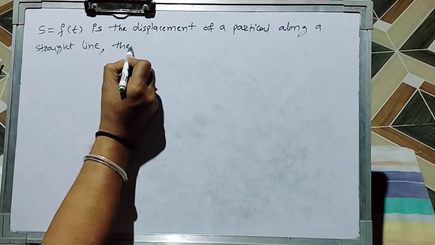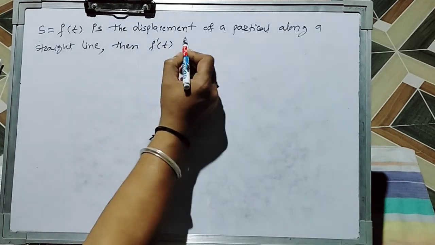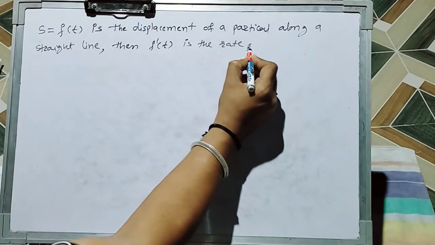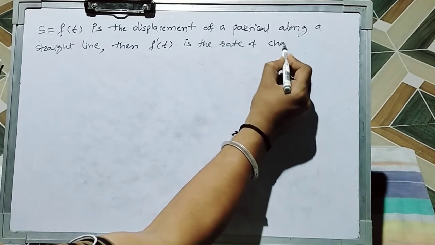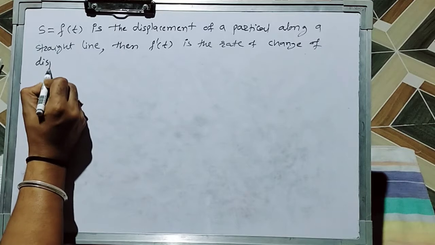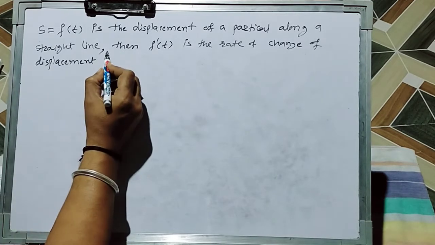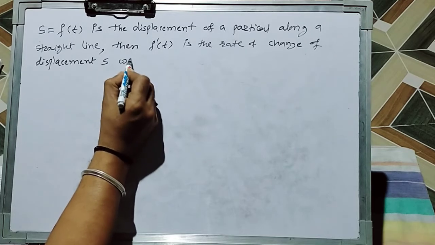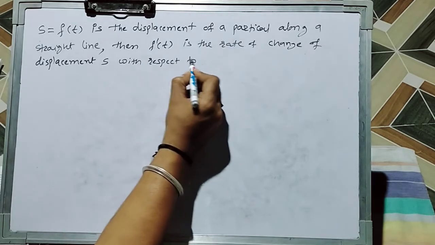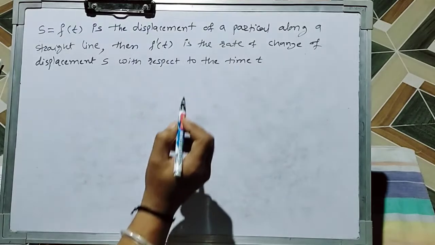then f dash of t is the rate of change of displacement s with respect to the time t.